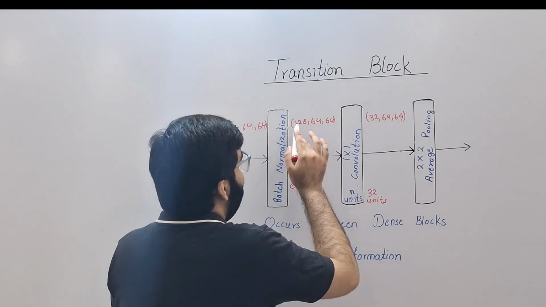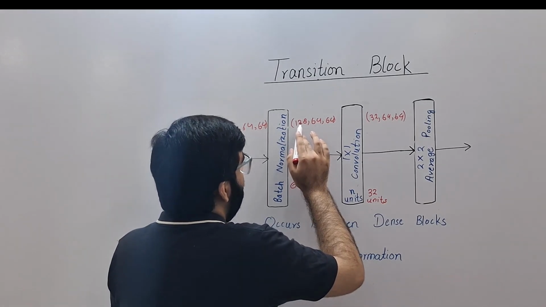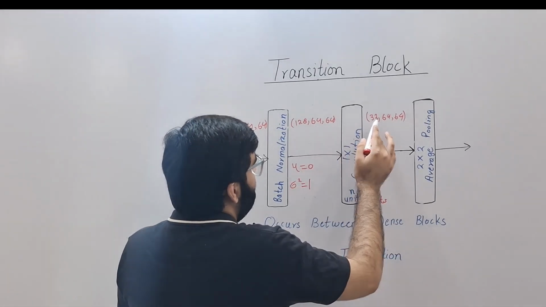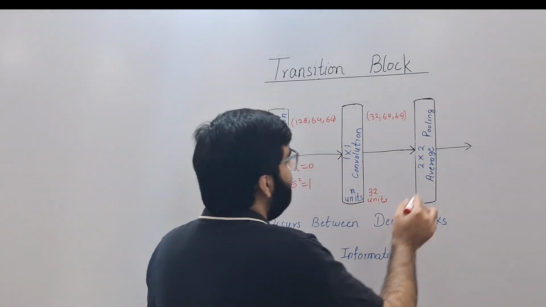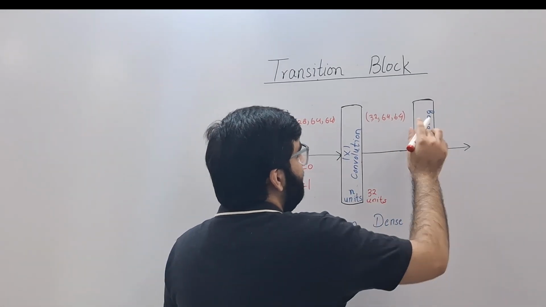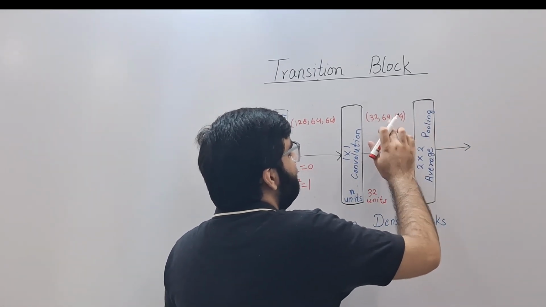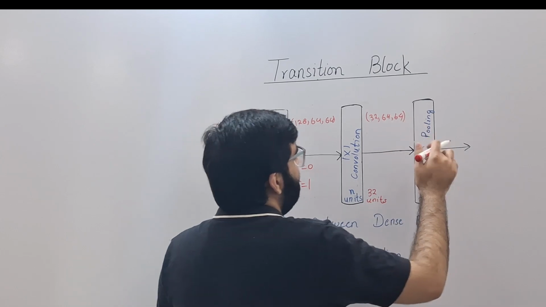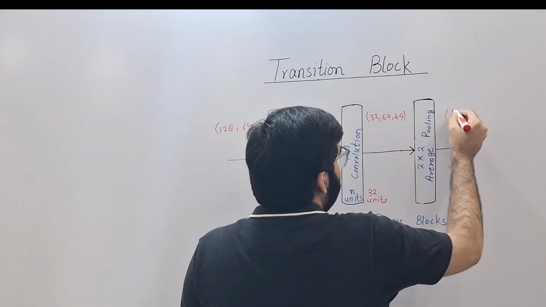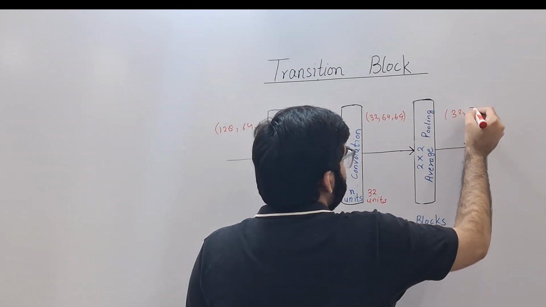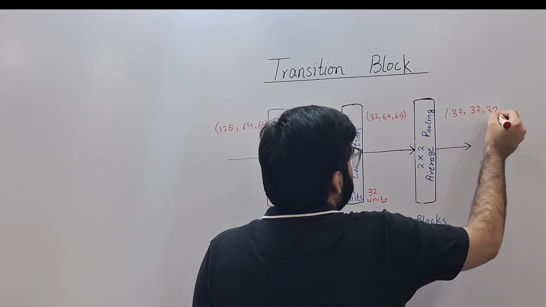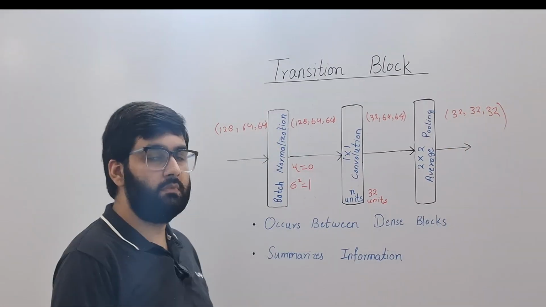The number of feature maps, or channels, is reduced to 1/4, that is to 32. Finally, the average pooling will reduce the width and the height of the feature maps by half. So the resulting dimensions are downsampled.